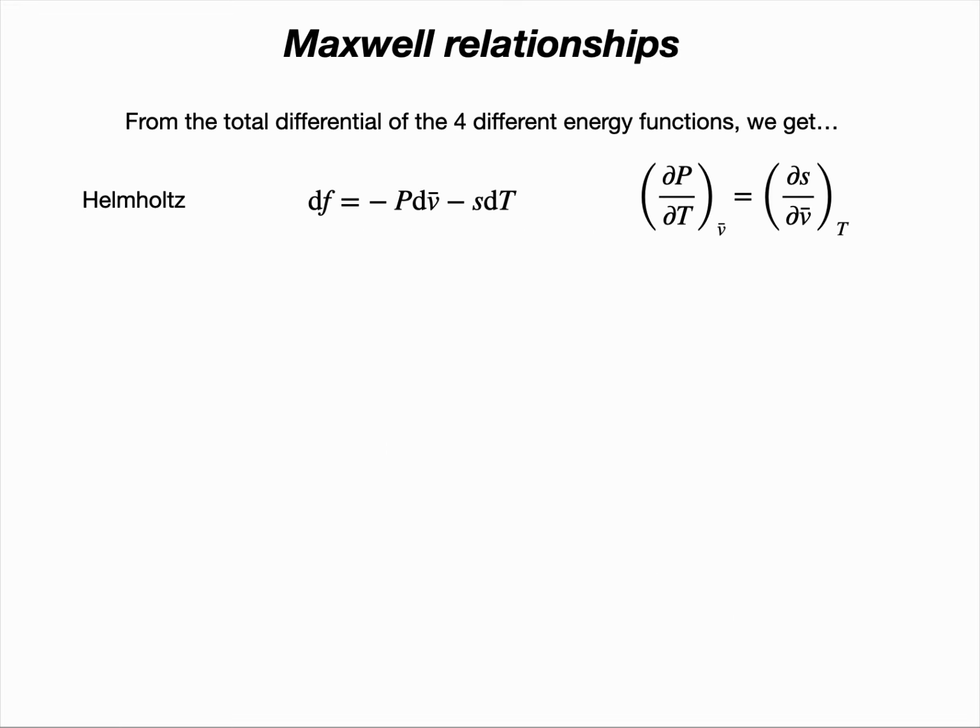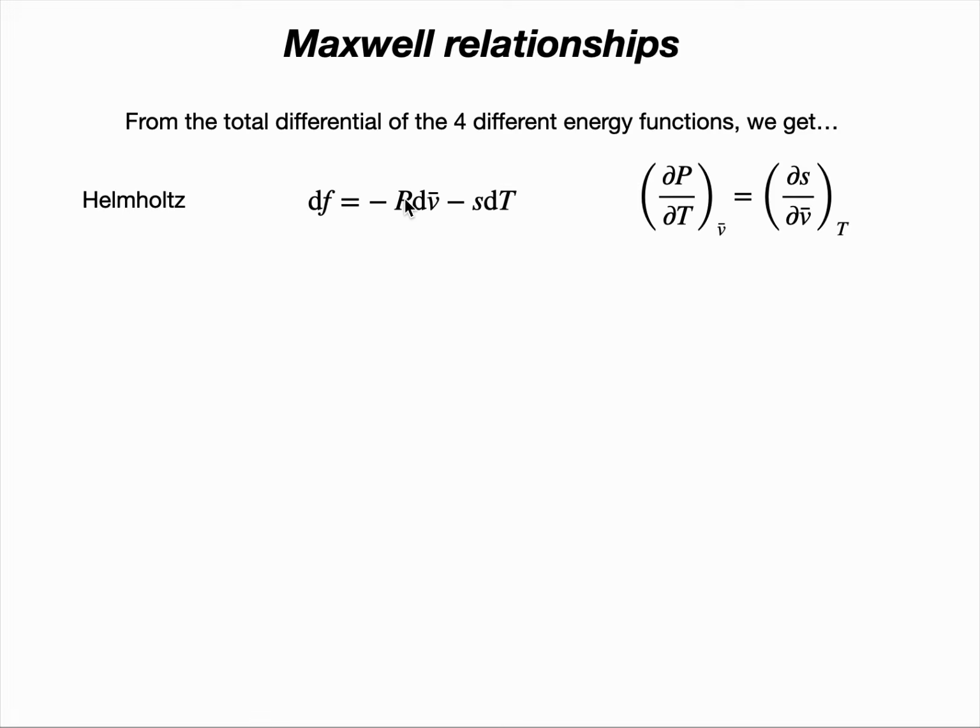Maxwell relationships, you can obtain them from each of the thermodynamic potentials we discussed before. So if you use Helmholtz as a form of energy, you get directly dp dt at constant v is equal to ds dv at constant t. So you can always identify the coefficient here.